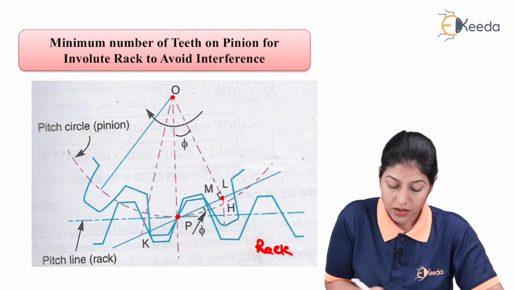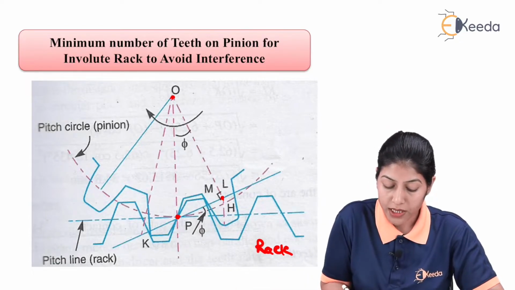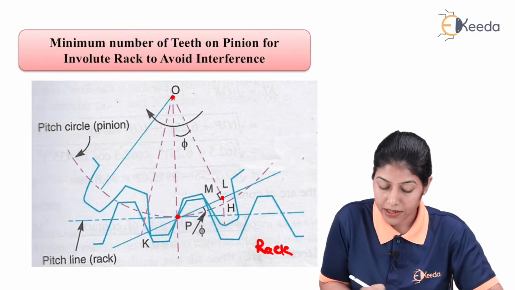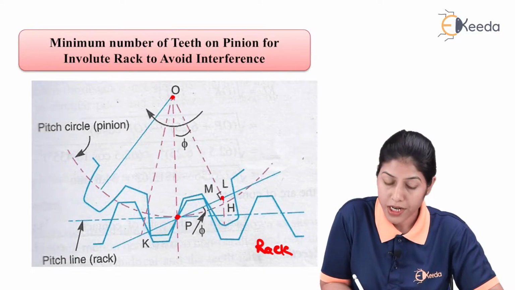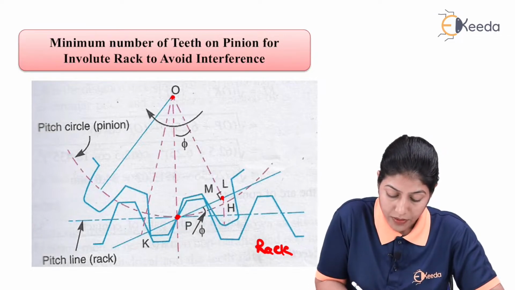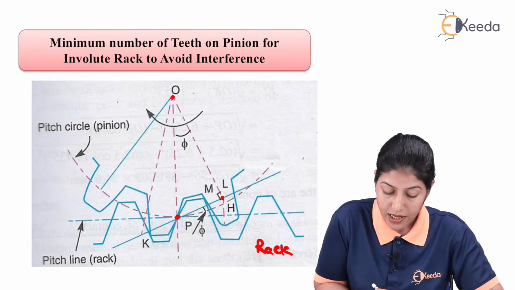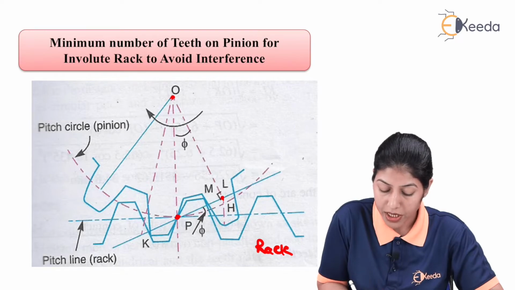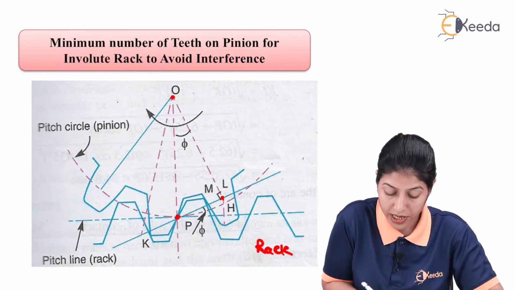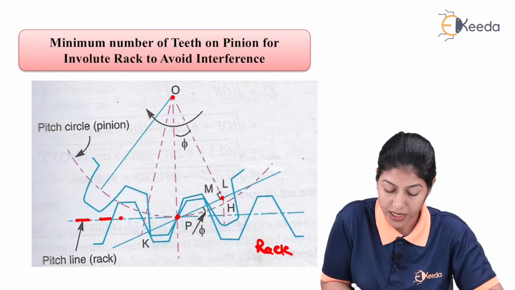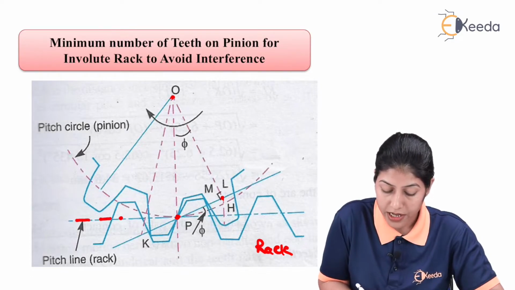But if we want to define the contact between the pinion and the rack, this pitch point represents the contact point, and we can define the radius or diameter of the base circle as a straight line. This particular straight line we can define as the radius or diameter of the rack.